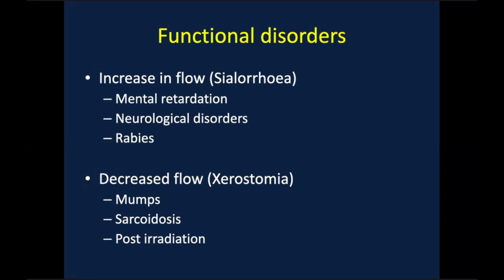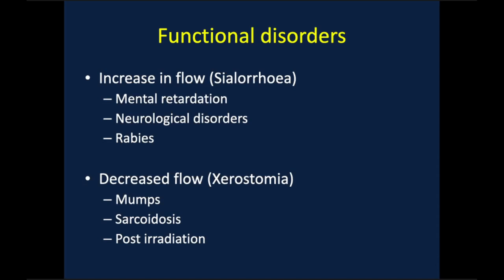There could be functional problems that cause an increase in salivary production, a condition called sialorrhea, with overproduction and flow of saliva. Similarly, there are conditions that reduce salivary production, called xerostomia. In some conditions, salivary production is almost zero.